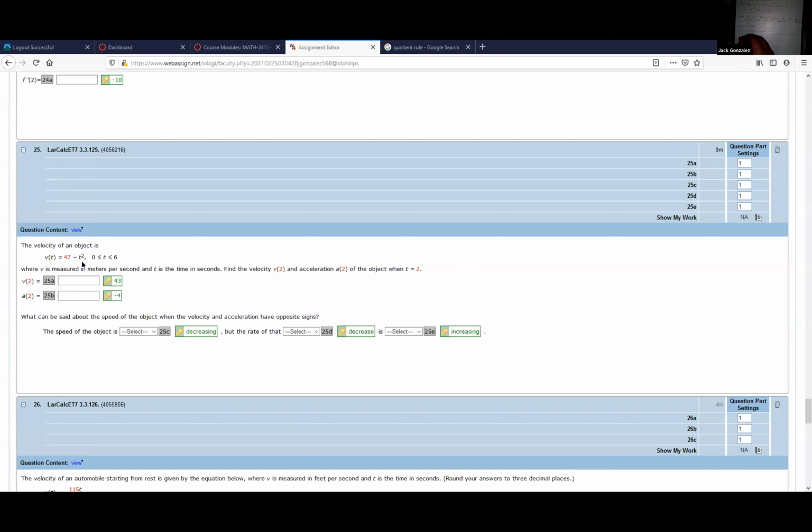Okay, so velocity, it gave us 47 minus t squared. I didn't know where to plug in a. So you need the first derivative, because what is the first derivative here?